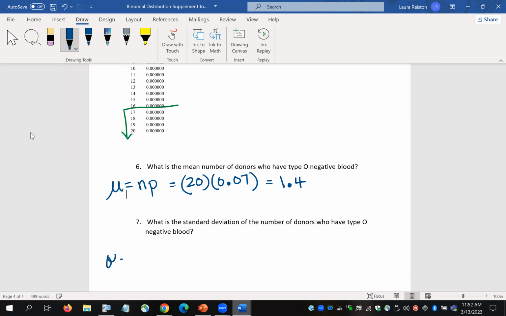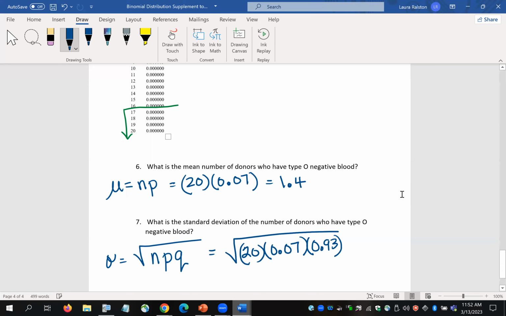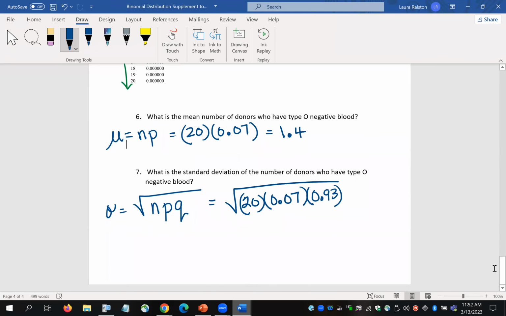The standard deviation is the square root of N times P times Q. So that's the square root of 20 times 0.07 times 0.93. We figured that earlier. And then I'm going to multiply those together.